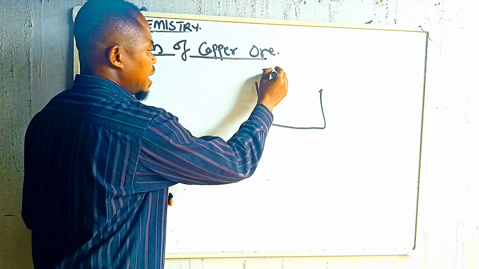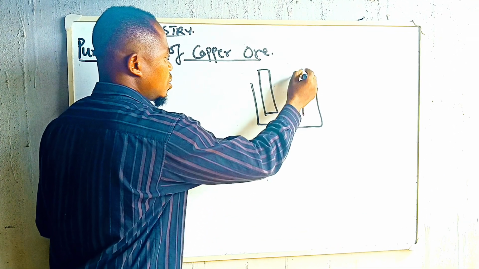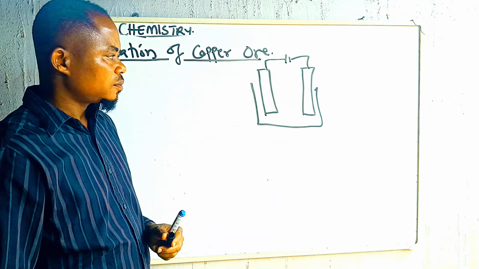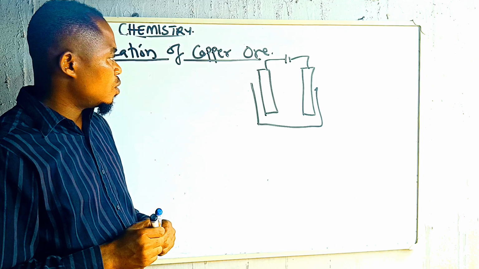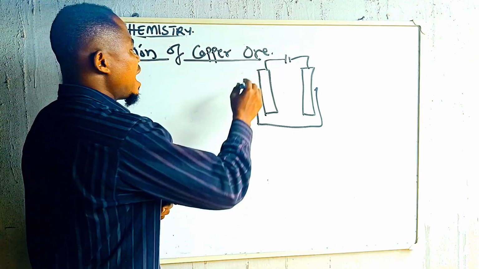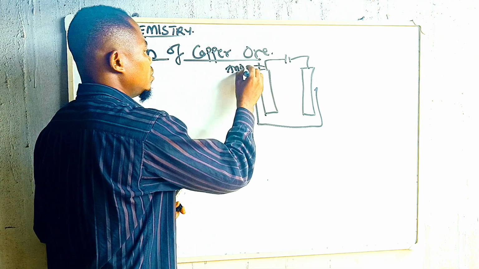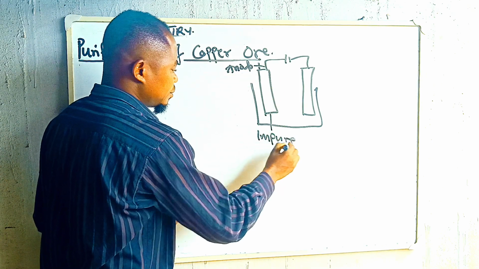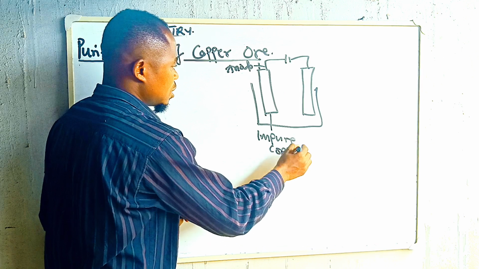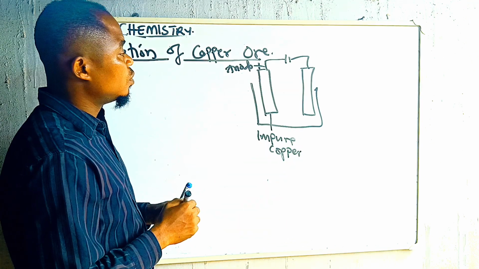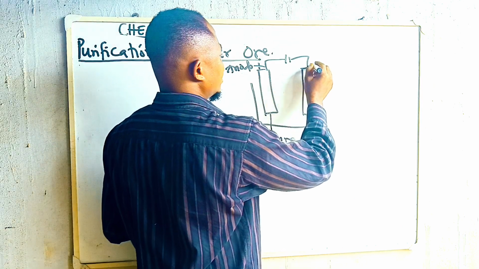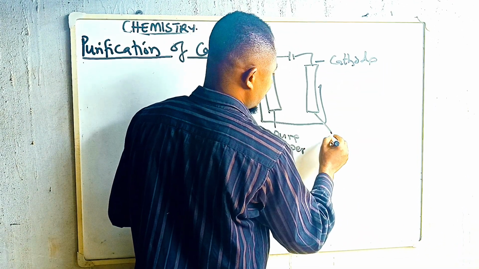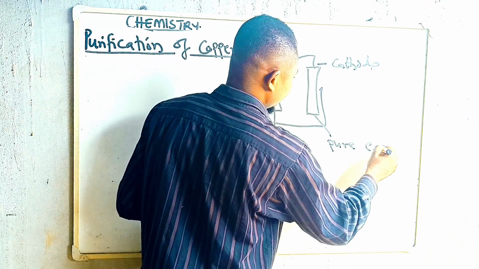We have the anode, and then we have the cathode, and then this is our source of electricity. In the purification of copper ore, what normally happens is that the anode, which is the positive electrode, is the impure copper, while the cathode, which is the negative electrode, is a strip of pure copper.